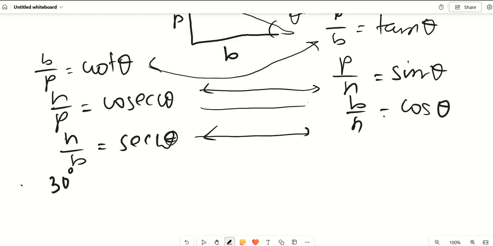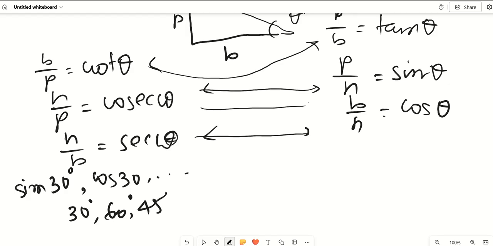So what is the value of sin 30 degree, cos 30 degree? Likewise, we will be using 30 degree, 60 degree, 45 degree, 90 degree, and only these. So we will have a table where all the values for these angles and these ratios we are going to remember.